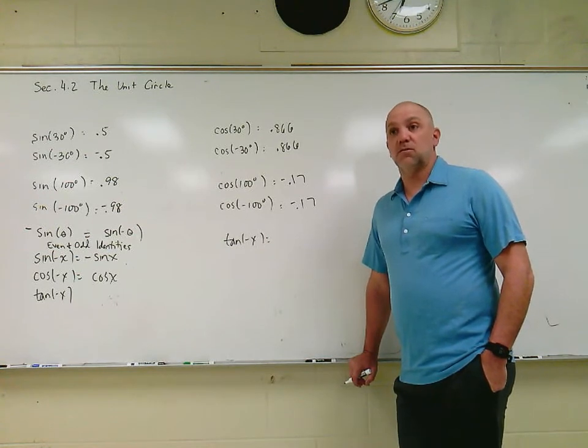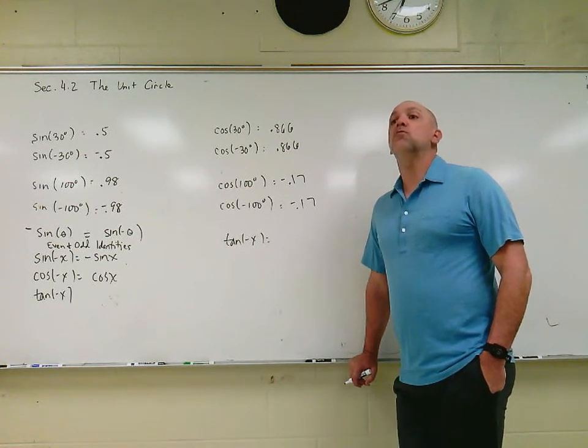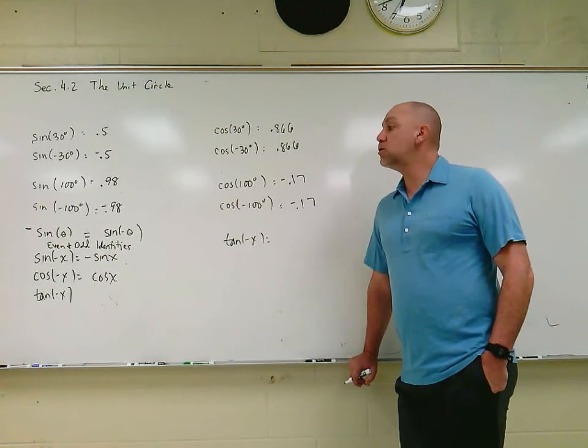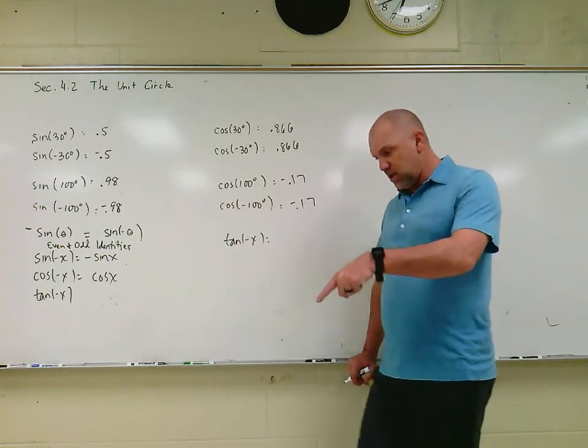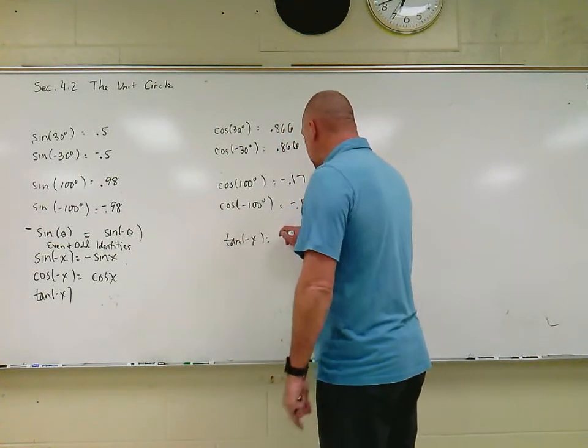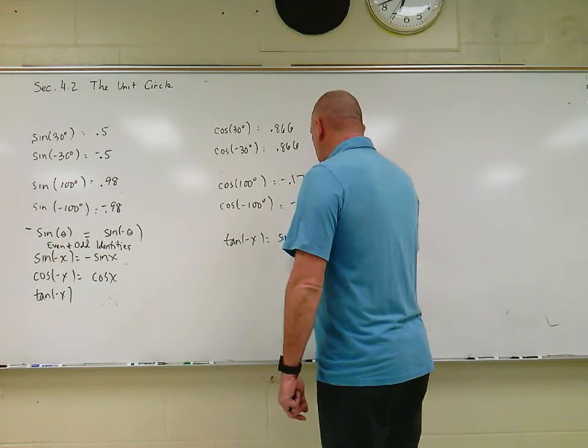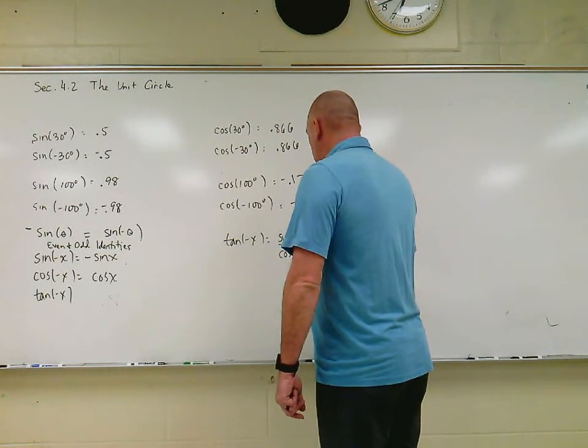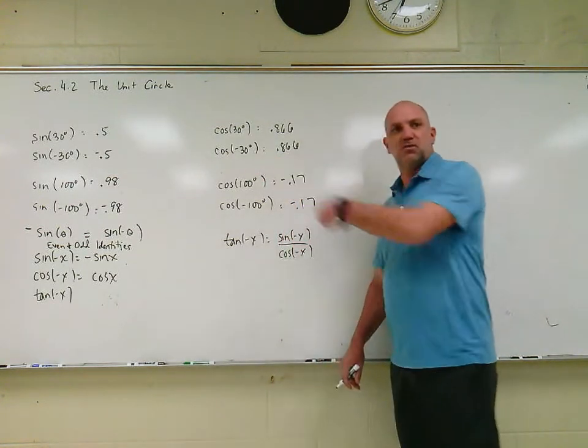Sine over cosine. Again, if I don't know my identities, the first thing when you hear identity, I go to the identity sheet. He said tangent, sine, and cosine. Boom, boom, I'm looking. Tangent is sine over cosine. So I'm showing you how I'm going to use those identities to derive this identity.